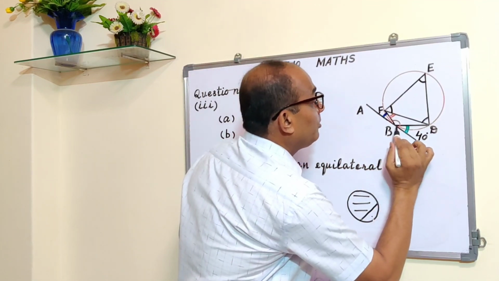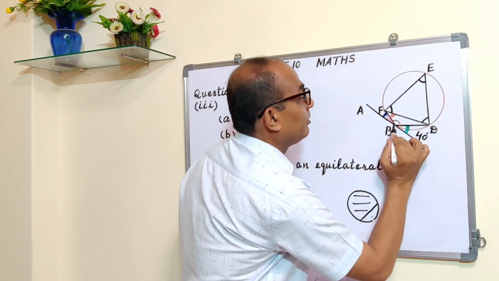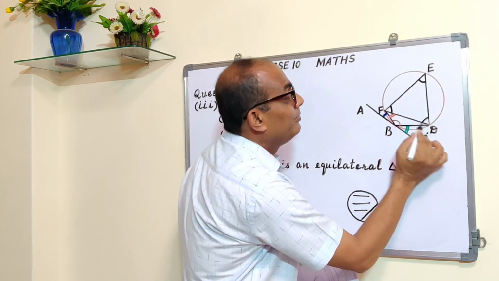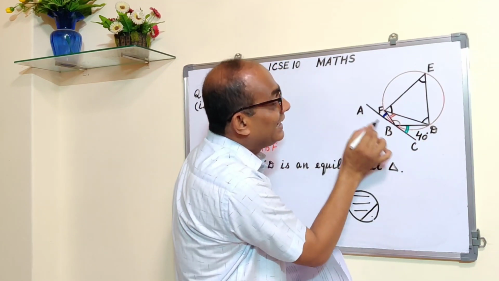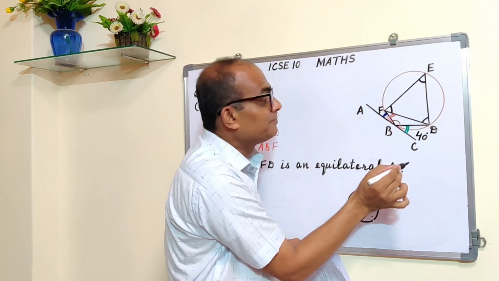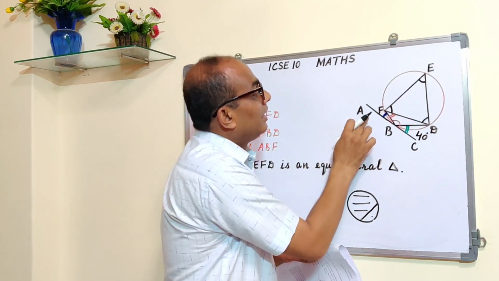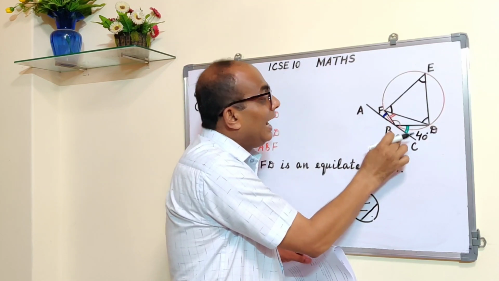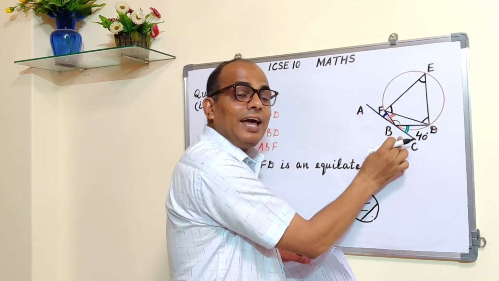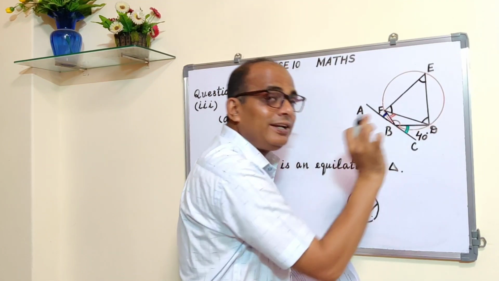Now, from this point B, the chord BD is already given. BD is a chord and AC is a tangent. Alright. So we can say that B is the point of contact, at B AC is a tangent, and from B we are drawing a chord BD.